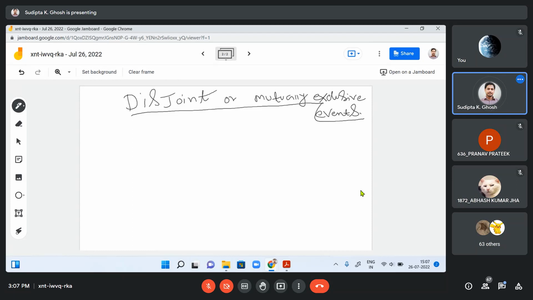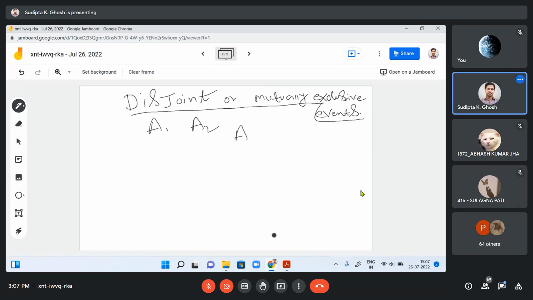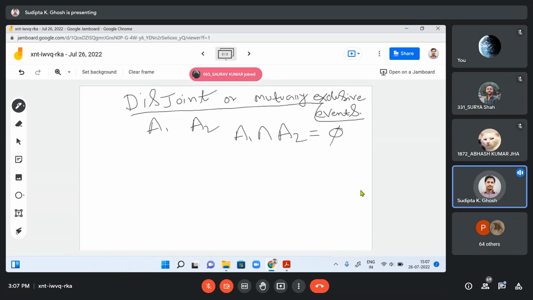Suppose A1 is an event and A2 is another event. We say that A1 and A2 are disjoint events if A1 intersection A2 is equal to phi, the null set. If A1 intersection A2 is equal to phi, then it's a disjoint or mutually exclusive event.